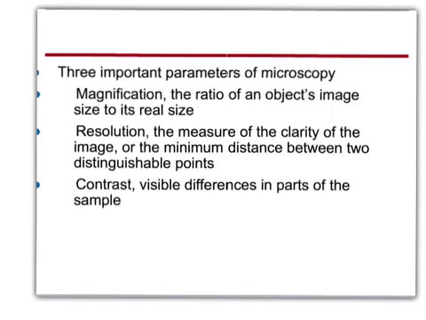The objective magnification times the eyepiece magnification gives you total magnification. All the eyepieces you will use in lab are 10x. So basically objective times 10 gives you your total magnification.